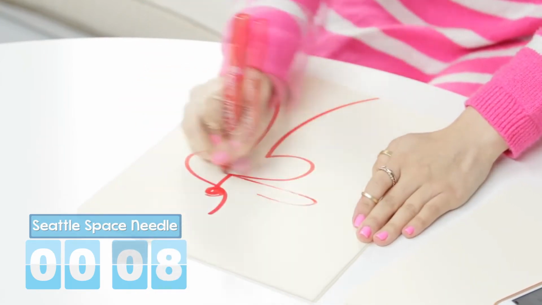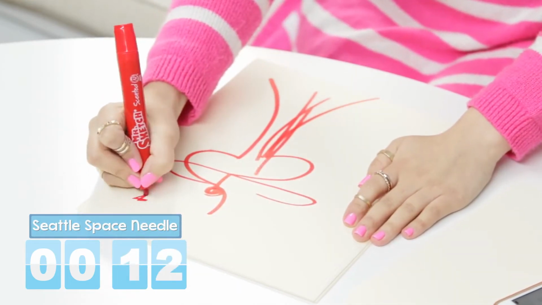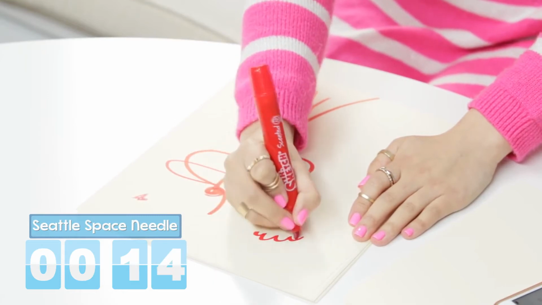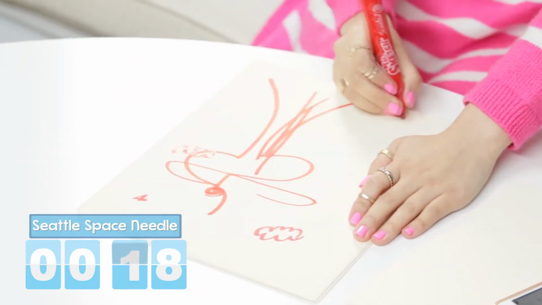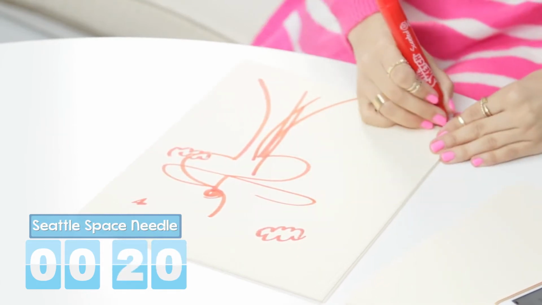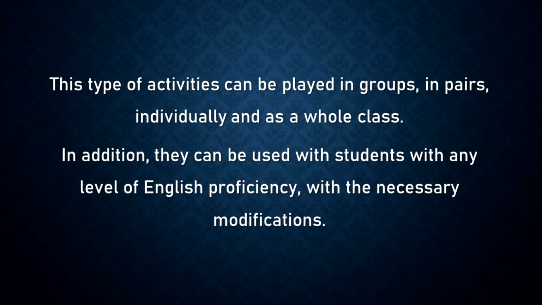This time, blindfold drawing was chosen for listening skills only because when students are blindfolded, they tend to use their other senses more than sight. Therefore, when students listen to another person, they are more attentive. This task can be useful for students with any level of English proficiency with the necessary modifications.